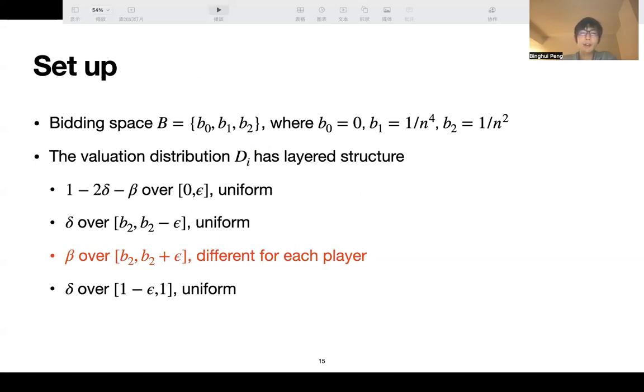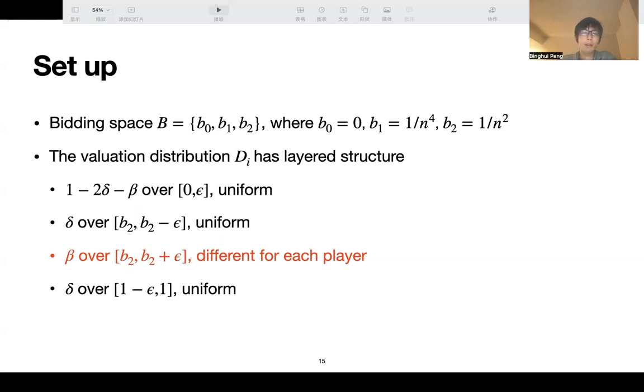For each player, the valuation distribution is divided into 4 parts. There's a large probability mass around value 0. There's a delta probability mass around B2 minus epsilon, and there's a beta probability mass over B2 and B2 plus epsilon, which is different for each player.